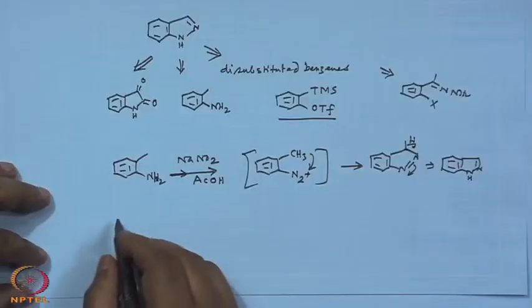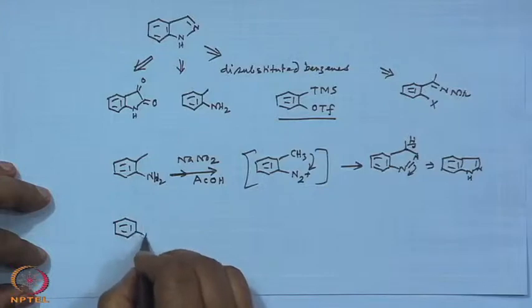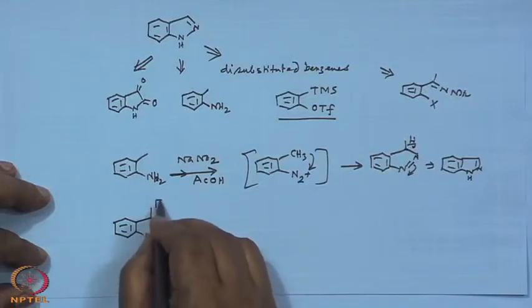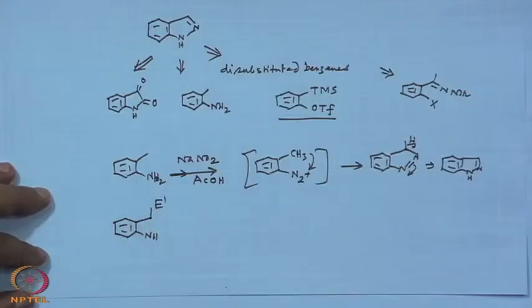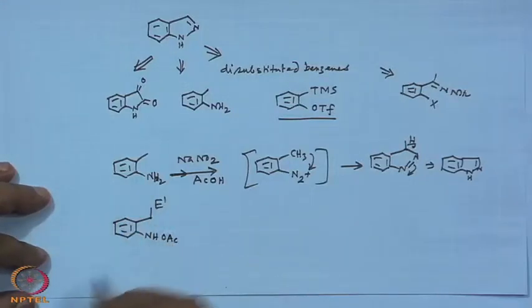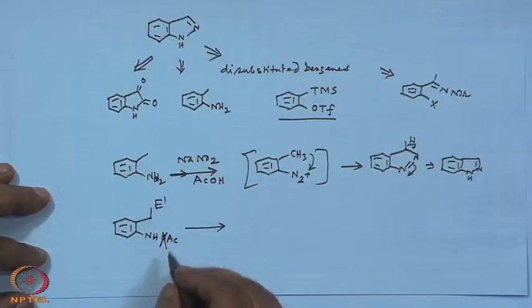For example, you begin with, again, orthotoluidine, that means you will have to have a substituent here, and it is pretty similar. Only in this case NH is protected as Ac, and then to carry out the reaction, all of you know what is the substitute of sodium nitrite in organic solvent.